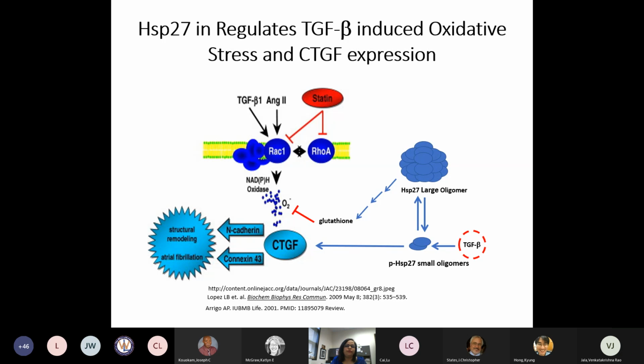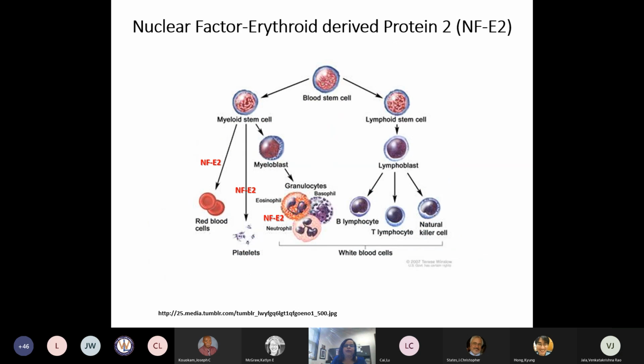To do this, we performed a proteomics analysis to identify HSP27 binding proteins. This led us to identification of nuclear factor-erythroid derived protein 2, or NFE2, as an HSP27 binding protein. Now, what is NFE2?